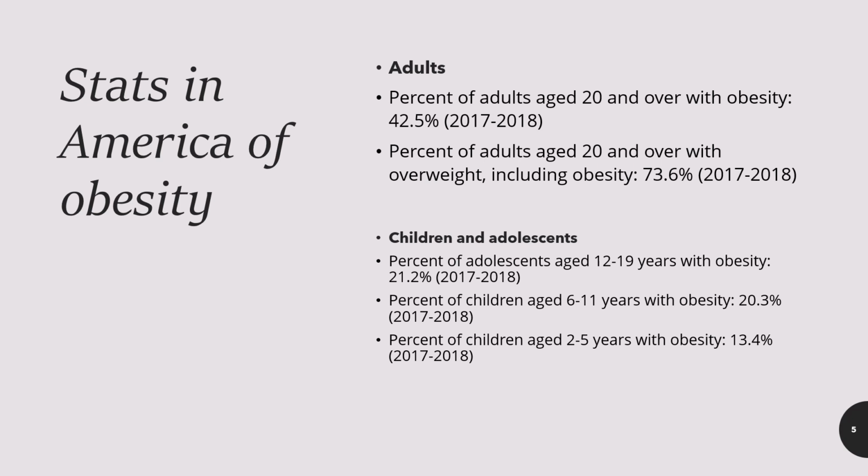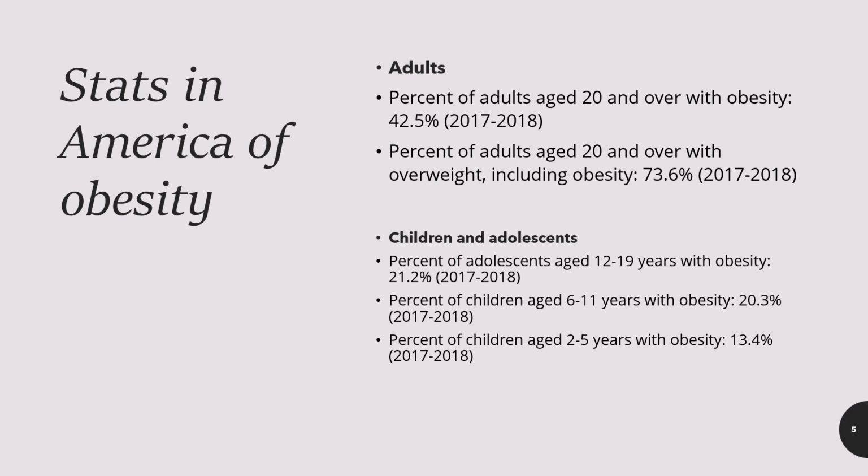So let's talk about the statistics of obesity in America. I showed you the chart before. Among adults over the age of 20, over 42% are considered obese. And here's another category: adults age 20 and over who are overweight, including obesity, make up almost 74%.